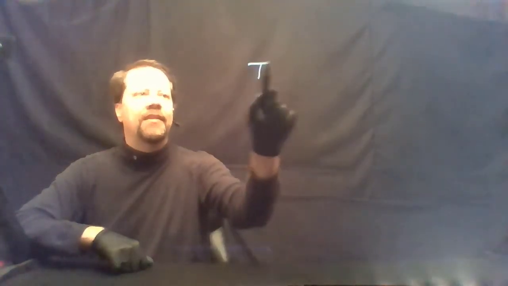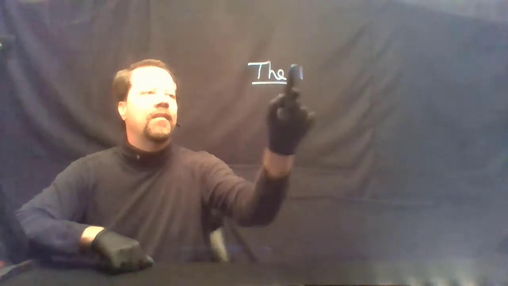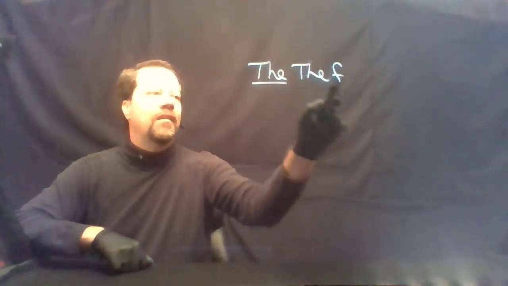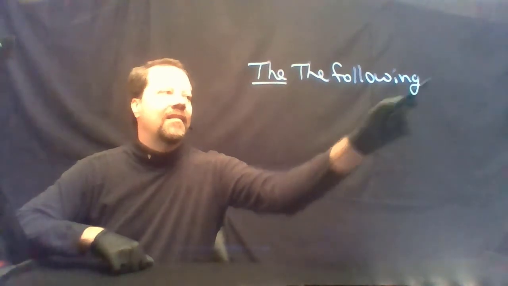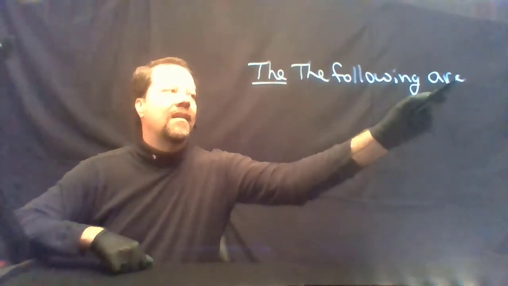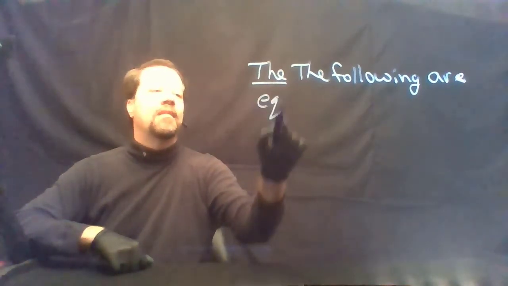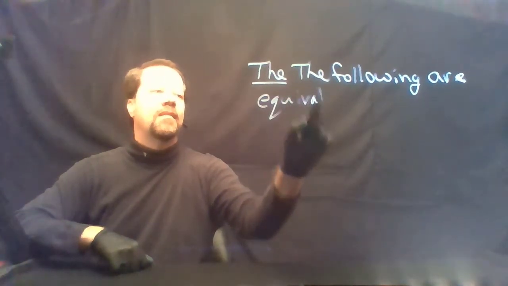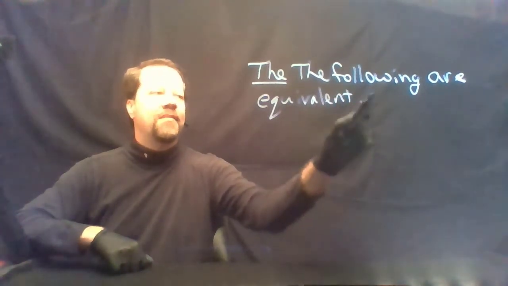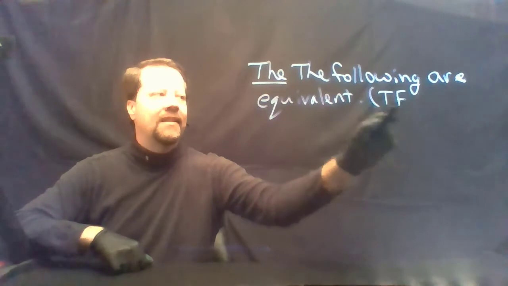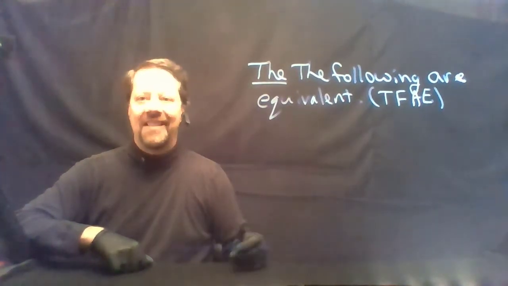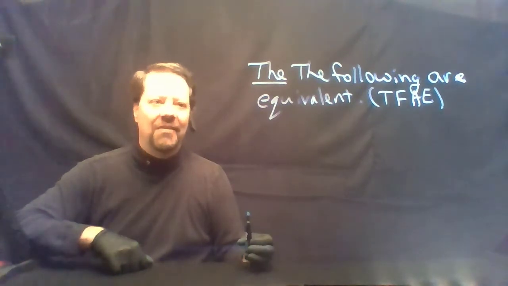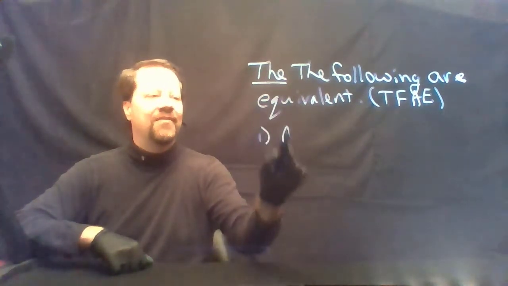I want to make a list of things that are equivalent. The following are equivalent, and sometimes mathematicians will say TFAE instead of saying the entire phrase. The following are equivalent. 1.